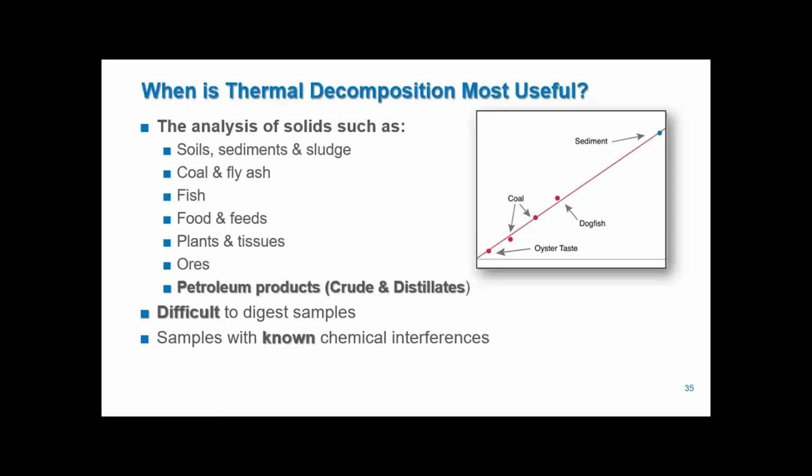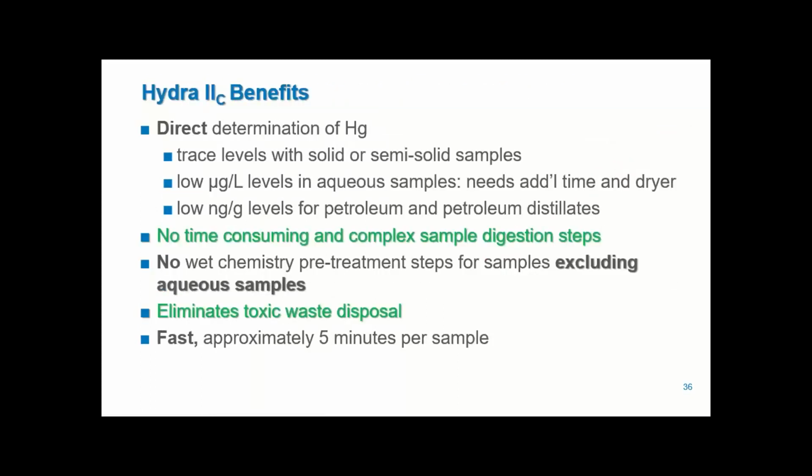While you can run a limited number of aqueous samples by thermal decomposition, it was really engineered for US EPA 7473 to analyze solids and semi-solids. To run aqueous samples, it requires extra drying time, which is dependent on the sample size and the moisture content. And it also requires the use of an additional inline chemical dryer to protect the optical cells from moisture. So it's not impossible, but you do have to have extra preventative steps in place to protect your instrument.